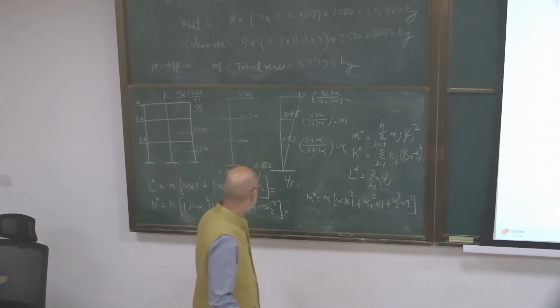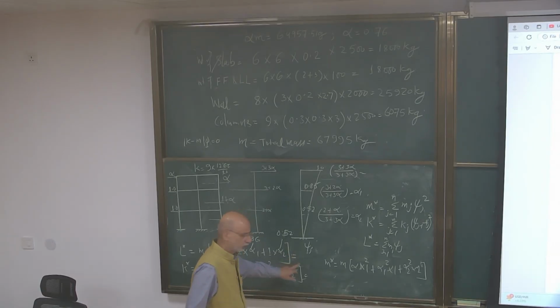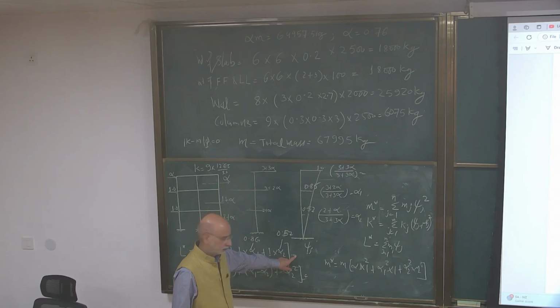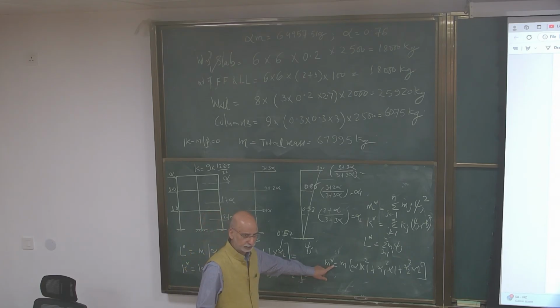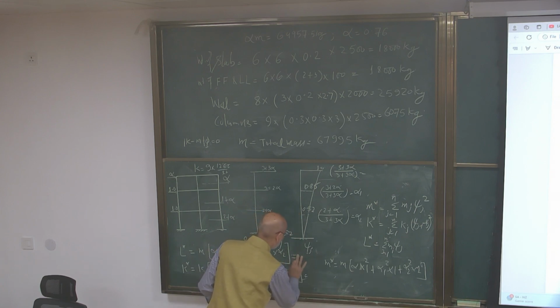So how much K is coming? If you've done it, numbers you can tell me. 14056. Which one? First one? L star is 2.38 times M. Mass. Okay.